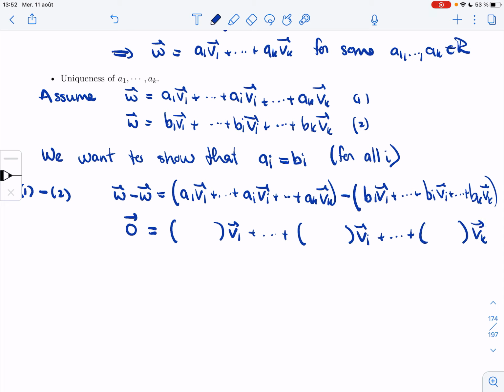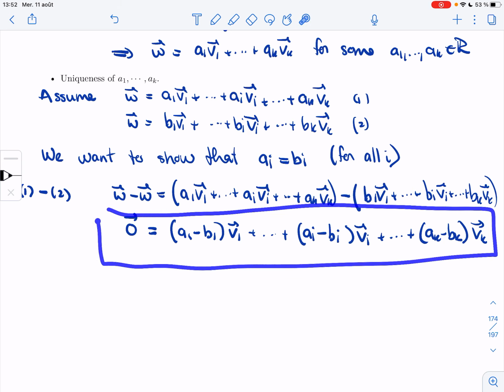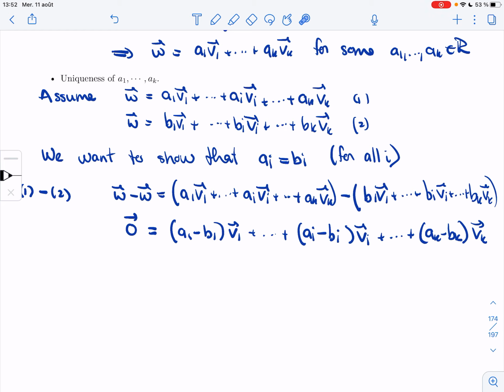So for V1, I get A1 minus B1, so this and this. For VI, I get AI minus BI, and for VK, I get AK minus BK. All right, so what I'm getting is a way of writing 0 as a linear combination of V1 through Vk.